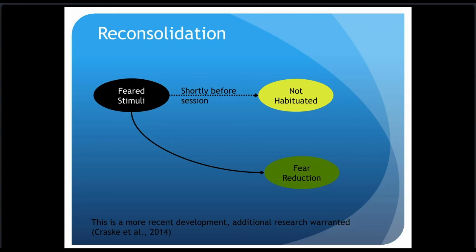So you can plan it instead of just waiting for it to happen, where the client engages in some pre-exposure immediately prior to meeting with you, and then you work on doing exposure with them for it during the session. So that process has the net effect of facilitating greater fear reduction.